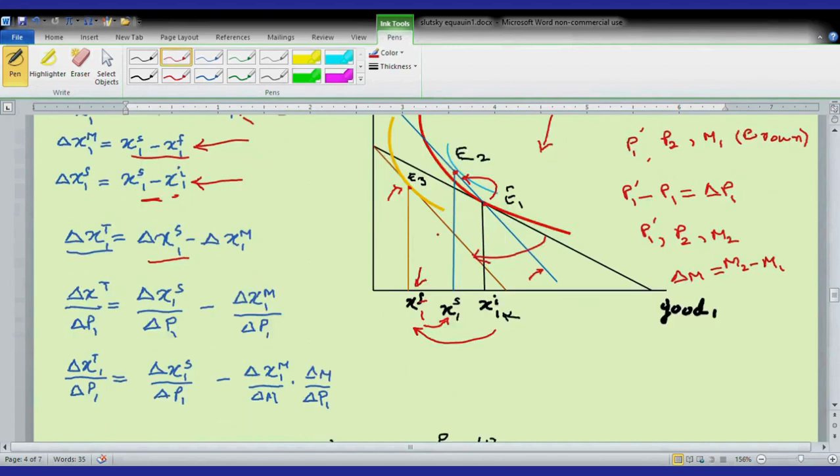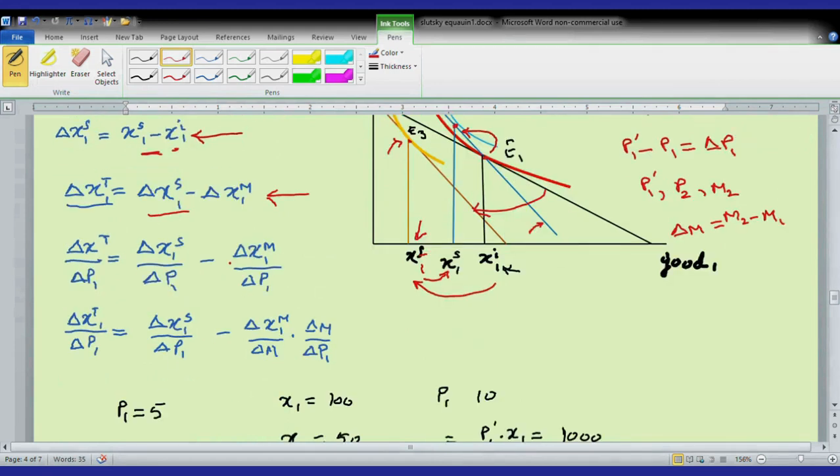So this is the typical decomposition of the price effect into income and substitution effect that we saw earlier during this presentation. Now in the next step, we have divided this total change on both sides of the equation by the change in price of good one.